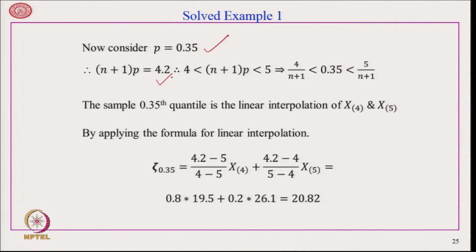Therefore, we see that n plus 1 times p lies between 4 and 5, which implies that 4 by n plus 1 is less than 0.35, which is less than 5 upon n plus 1. Therefore, we have r equal to 4 and r plus 1 equal to 5. So, p is lying between these two.